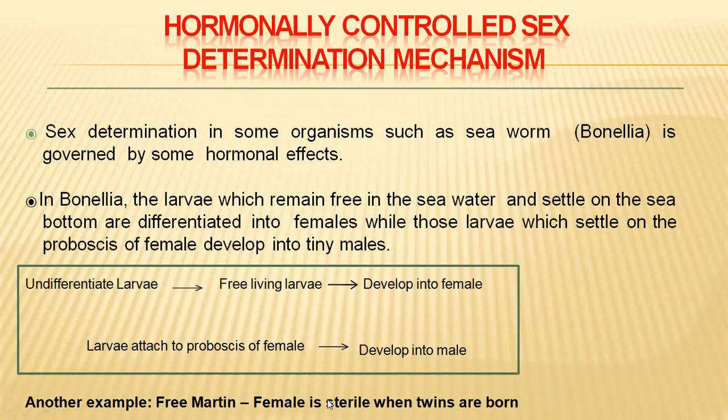Because when these female and male twins are developing in the mother's womb, the male hormone effect suppresses the development of ovaries in the female. That's why these females become sterile. This type of twins is called freemartins. So here also the female becomes sterile because of the hormonal effect of the male twin.